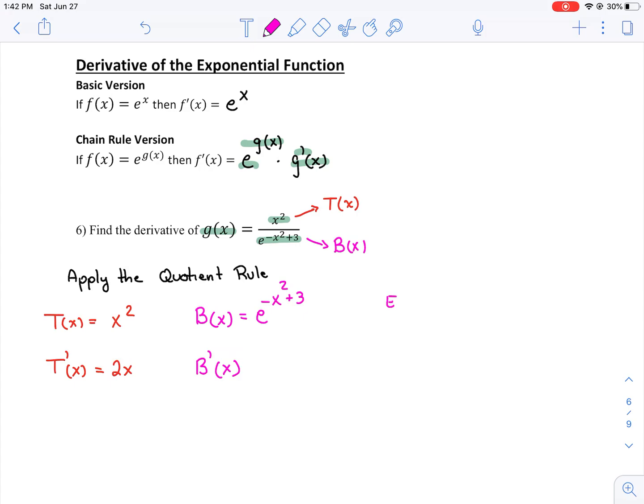So over here, the exponent, which I'll label r of x, is negative x squared plus 3. So the derivative of r is negative 2x. So the derivative of b with respect to x is the original function times the derivative of the exponent.